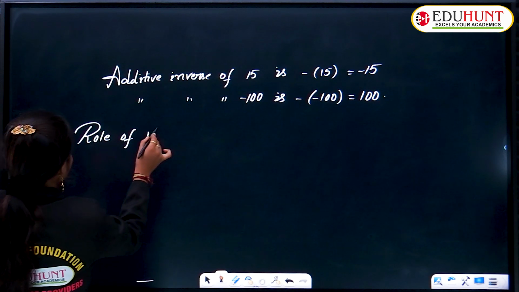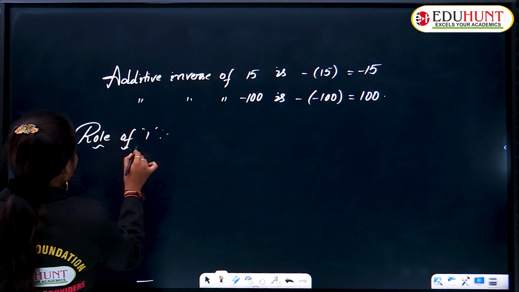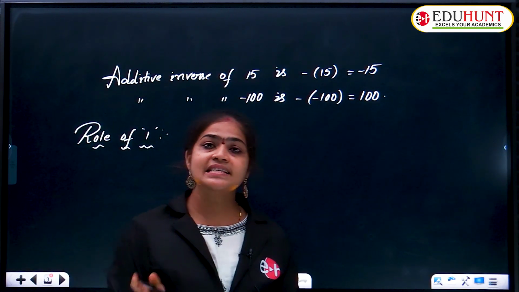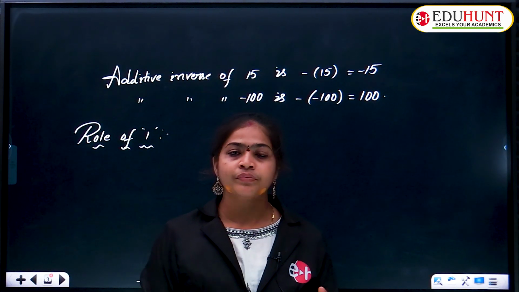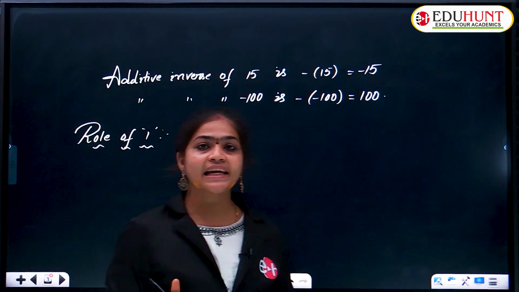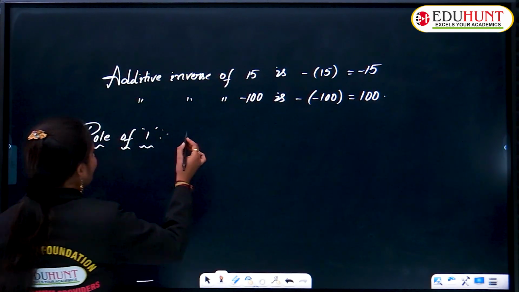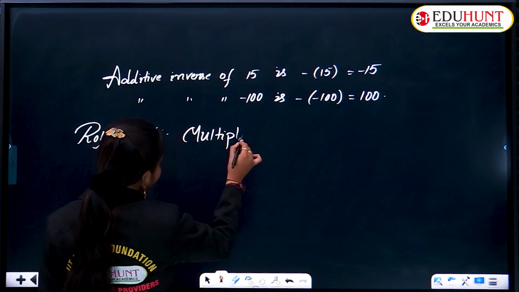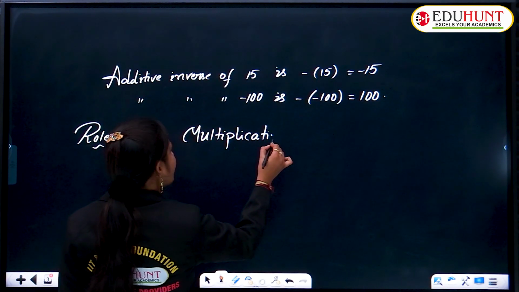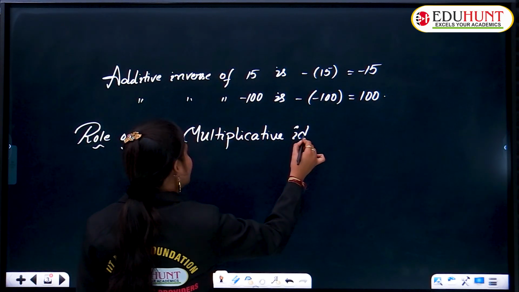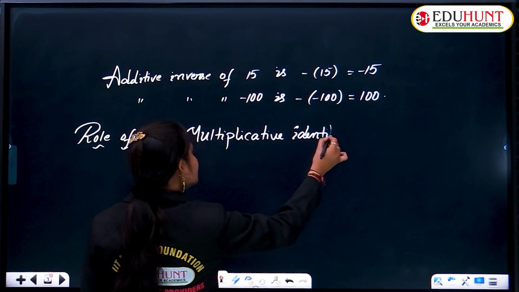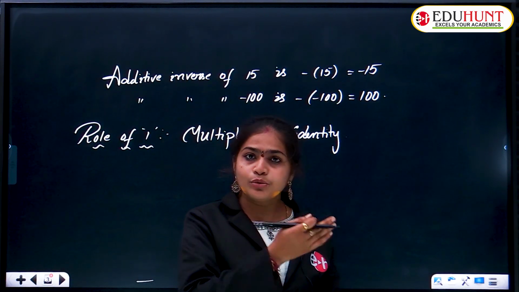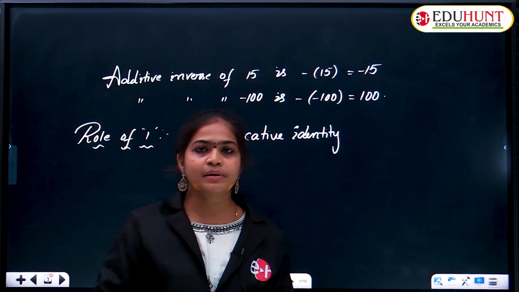Role of 1 means multiplicative identity. What is additive identity? That is 0. And here we have multiplicative identity. Role of 1 is nothing but multiplicative identity. Why? Because additive identity means if you add 0 to any number, you will get the same number itself.